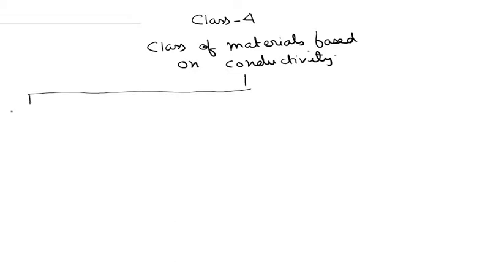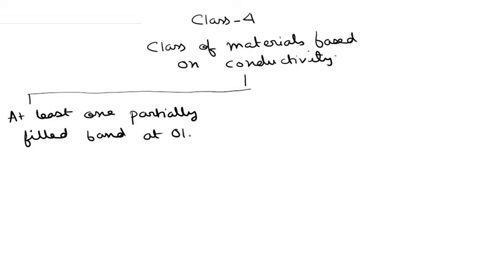So, a material may have at least one partially filled band at 0 Kelvin. We have noted earlier that an empty band doesn't conduct, also a completely filled band doesn't conduct.